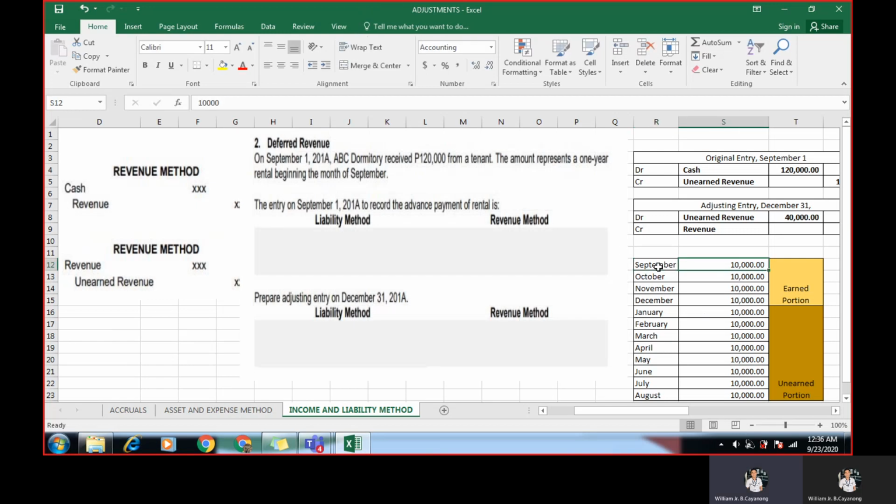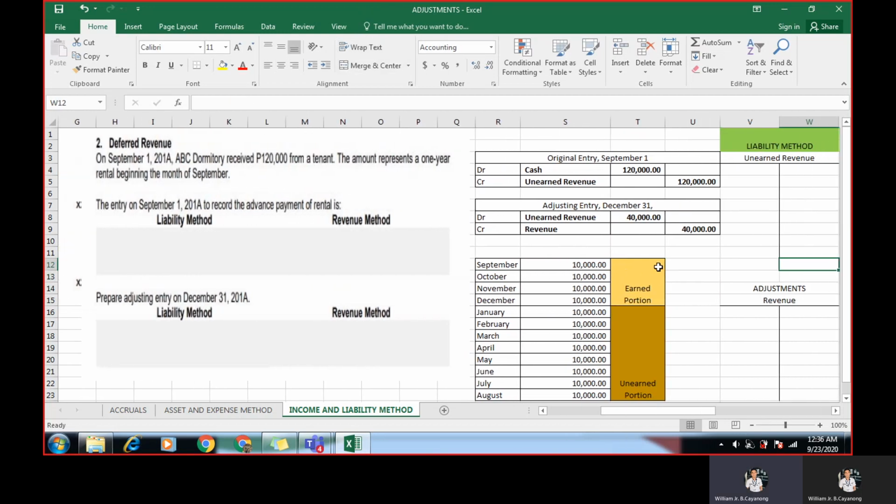Here, I have already the answer. So if you're going to use liability method, syempre, we are going to consider it or make it a liability account. Kaya, nung original entry niya during September 1 is debit cash kasi naka-receive tayo ng 120,000. Credit, we credit unearned revenue.